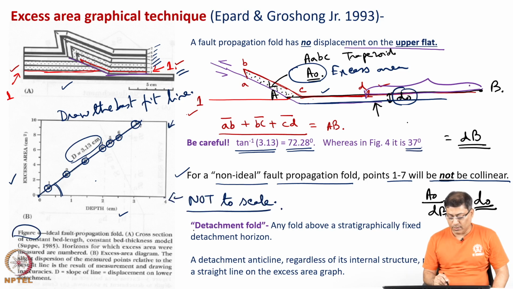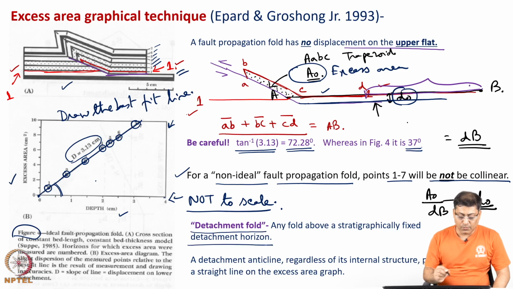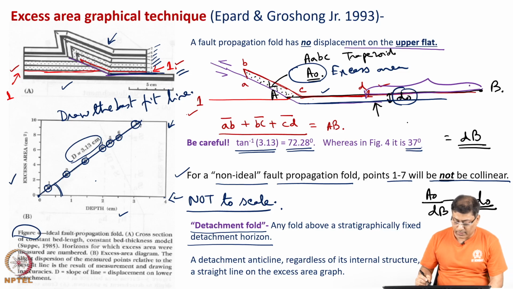A fold terminology I want to introduce, the detachment fold. What it is? Any fold above a stratigraphically fixed detachment horizon. So, in this case, this fold geometry can be called a detachment fold because here is the detachment or the lower flat over which the fold has been generated.